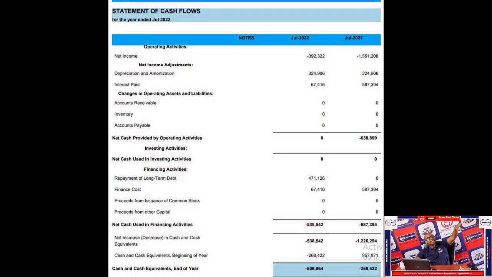Then the money came into the business. That means you collected on the money that you've been owed. But if your current assets are lower previously and currently the current assets are higher, that means the money was flowing out of the business. So that is a negative when it comes to the cash flow.